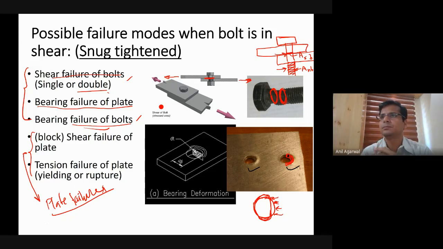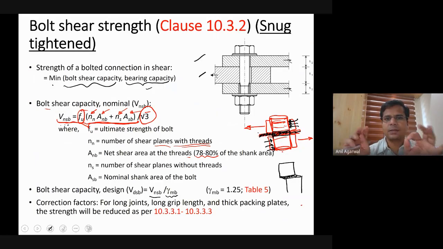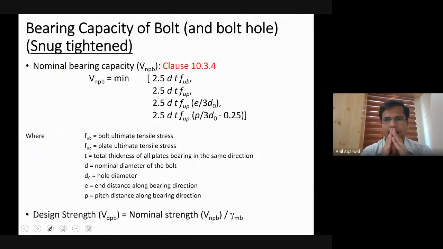Material parameter. Ultimate tensile stress. Ultimate tensile stress of the plate, if you are looking at the plate's failure.